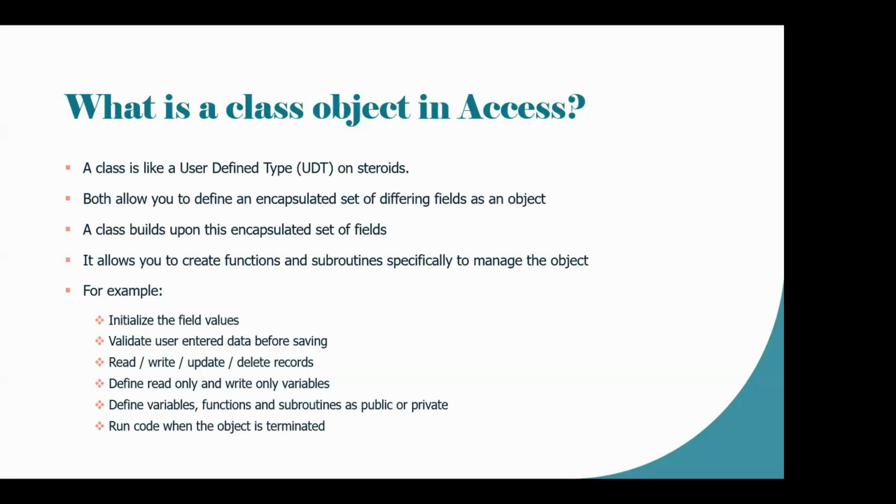You can read, write, update, and delete records through functions of your class. You can define read-only and write-only variables, so you can make them public and or private. So if you need variables that you don't want the user to see, you can create those in a class. And you can run code when the object is terminated, do some housekeeping and clean it up.